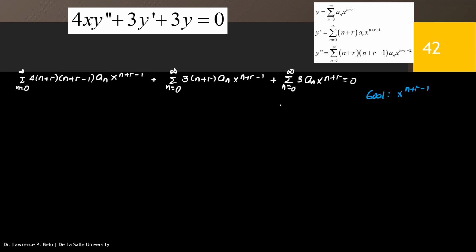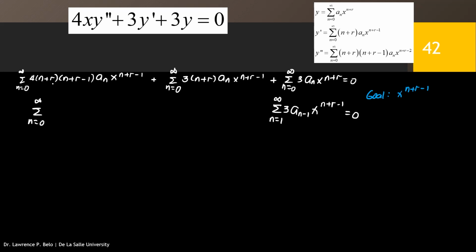The third term can be summation from 1 to infinity of 3, a sub n minus 1, x to the n plus r minus 1. And then let's just combine the two because they have the same powers of x.